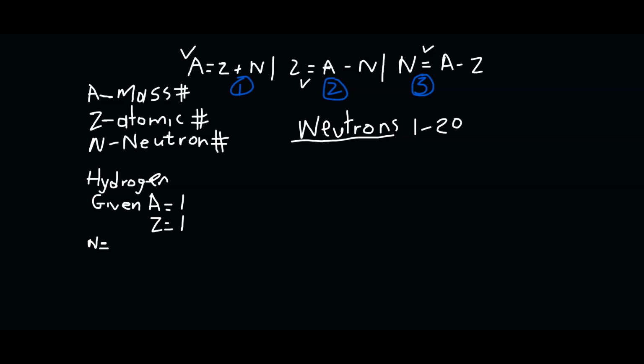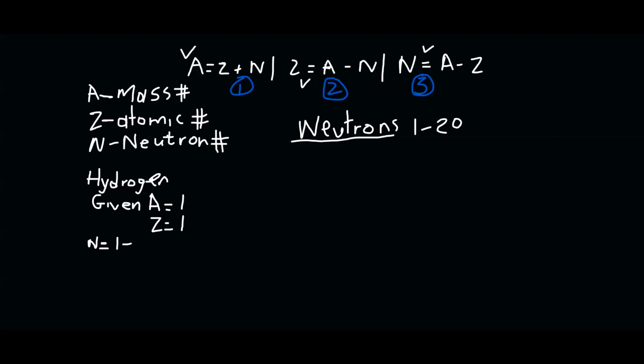So N equals what now? Look on your screen: what's the formula to calculate N, the neutron number? The mass number and the atomic number. So tell me the formula now. 1 minus 1. Yeah, good.